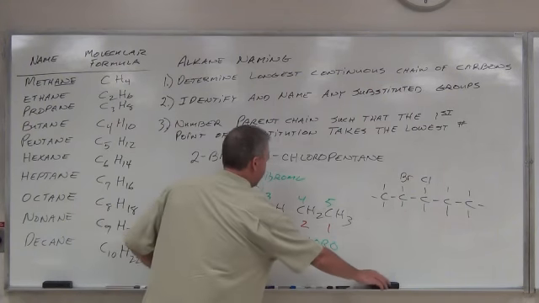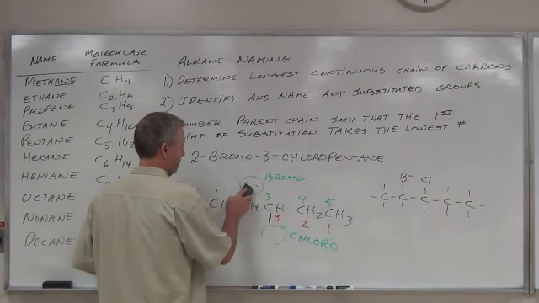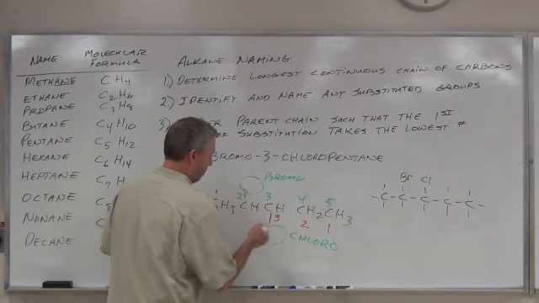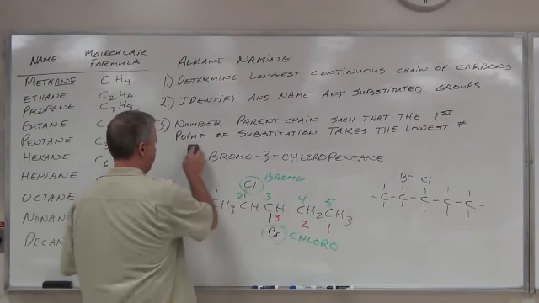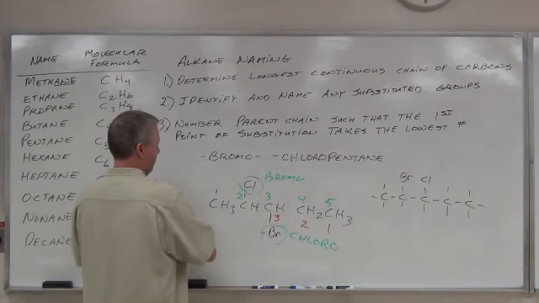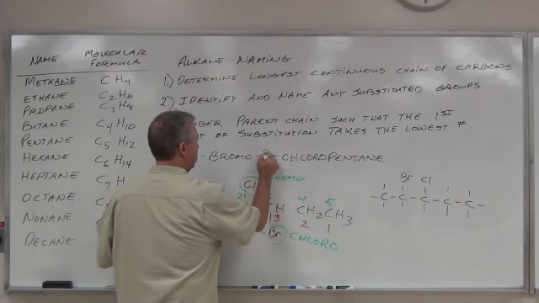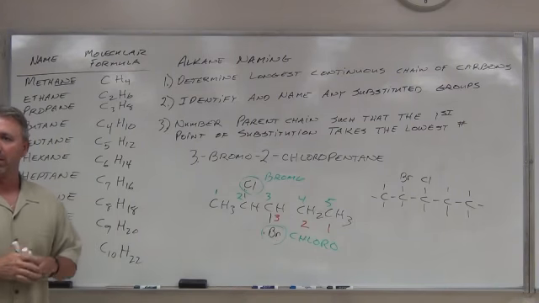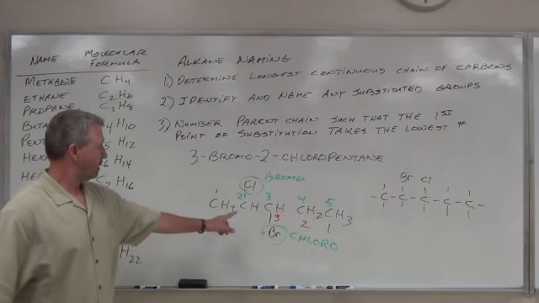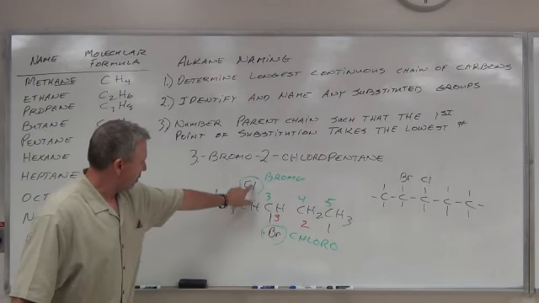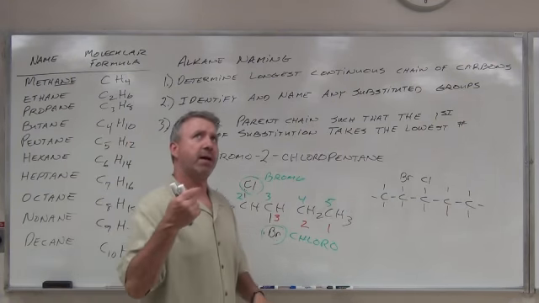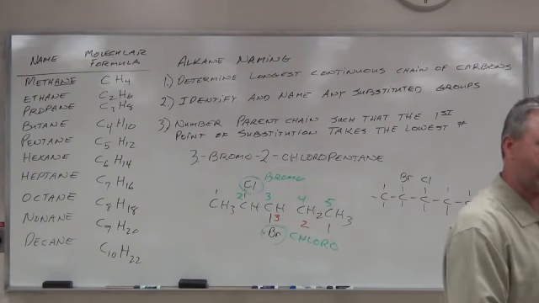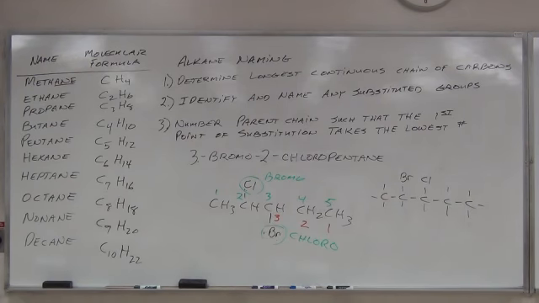So if I swap these, and I put the bromine here, and the chlorine here, this would become 3-bromo, 2-chloro. The numbers don't matter. 2-chloro, 3-bromo. The bromine comes first because it's first in the alphabet. Yes, it is. Okay? Everybody see that?